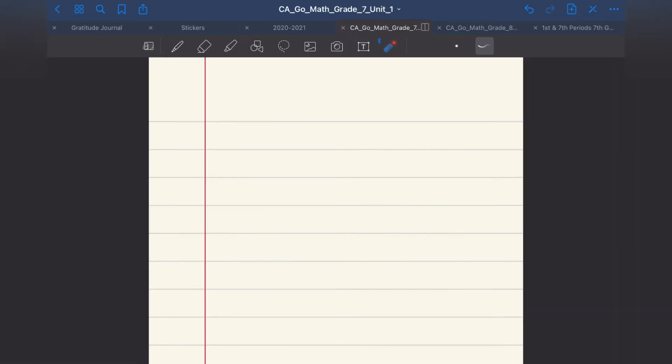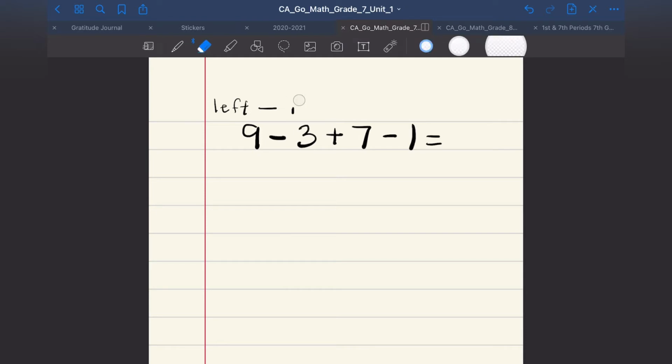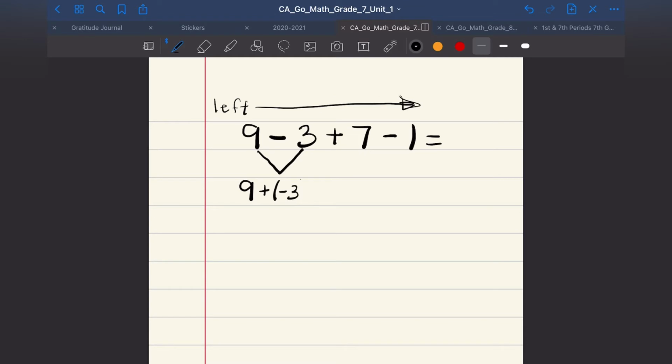So when you have different numbers, so let's say that you have 9 minus 3 plus 7 minus 1. Okay, so you want to start from left and then you move to the right. You start on the left side and then you move to the right. So we are going to start here. Okay, so I give the 9, I change that to positive and that to negative.